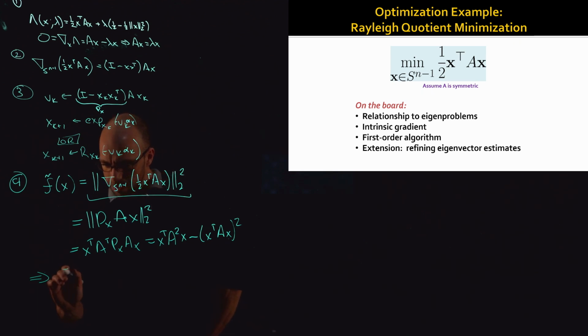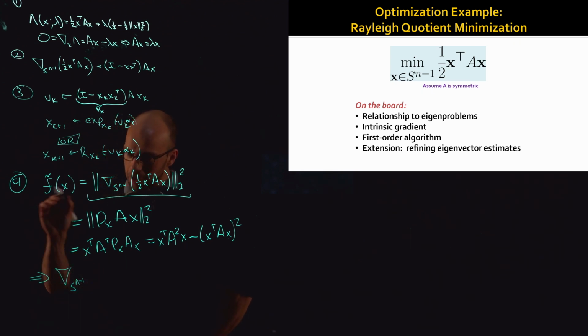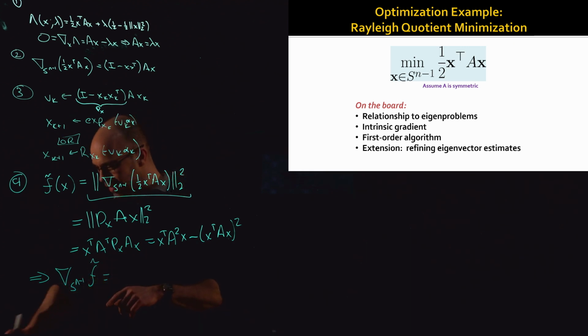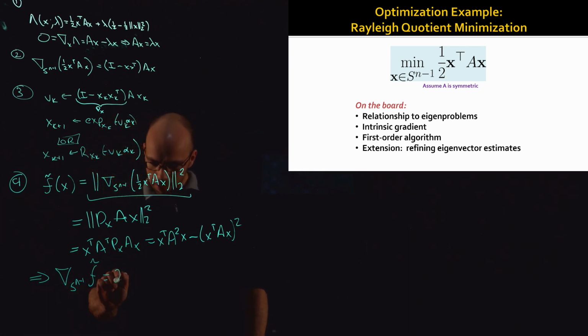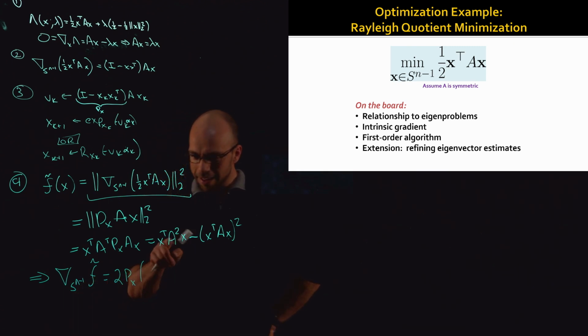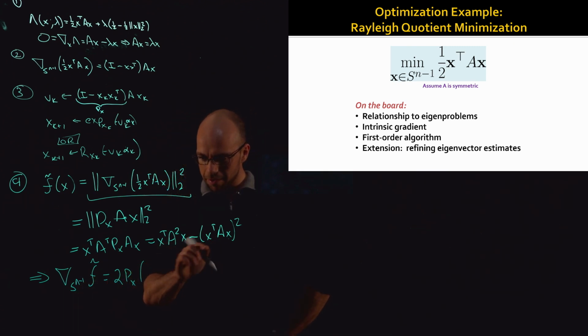Okay, well, if I compute the gradient of this thing, what do I get? Again, I have to be really careful when I compute the intrinsic gradient of f tilde, because I have to compute the gradient of this expression and then keep projecting it. So I can always be safe and put this projection here. And when I differentiate the inside, I'm going to get 2 times A squared x.